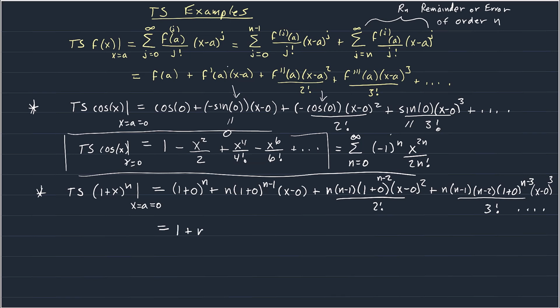And then we have an n times x minus 0, which is just x, plus n times n minus 1 times x squared over 2 factorial, plus n times n minus 1 times n minus 2 times x cubed over 3 factorial, plus higher order terms. And this happens to be the binomial series.